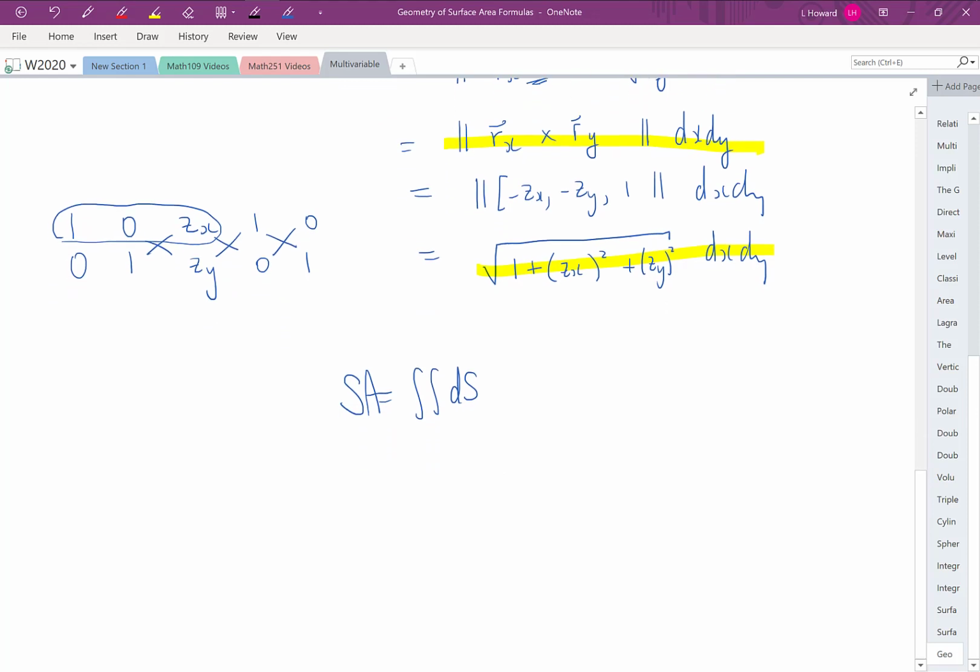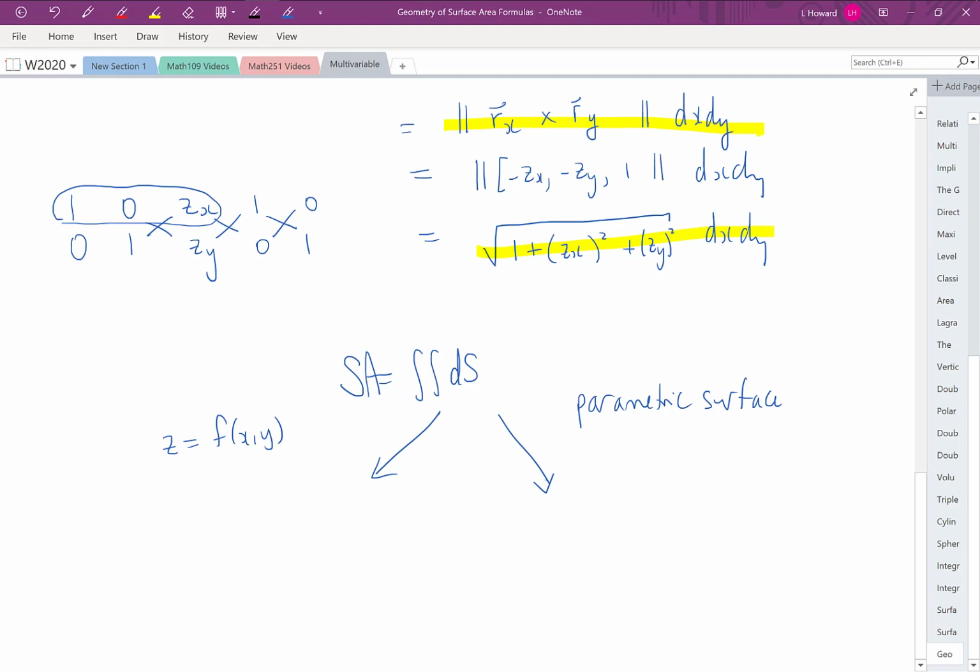But by looking back over our calculation here of ds, we now see our two formulas popping out. So we've really got two situations. One is the situation where you've got z is a function of xy, and the other situation is where you have a parametric surface. Okay, so let's write down the formulas in those two situations.